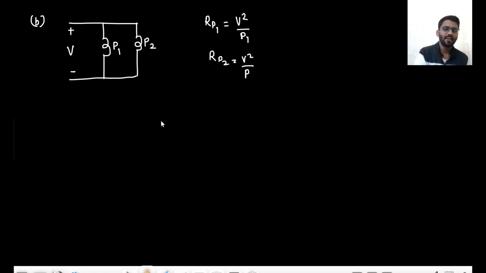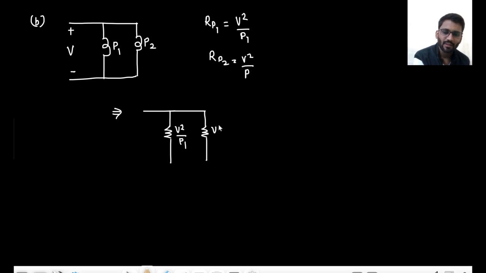But let's just solve it by the concept that we have studied. Okay, so this bulb can be replaced with this resistance, that would be V square by P1. And this bulb can be replaced with this resistance, that would be V square by P2, and here I am having V volt. What will be my current?